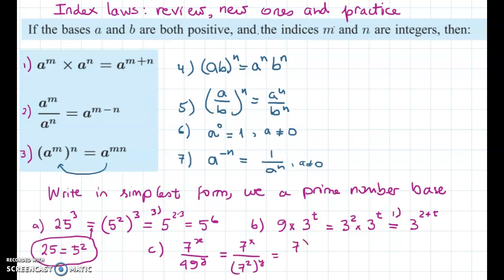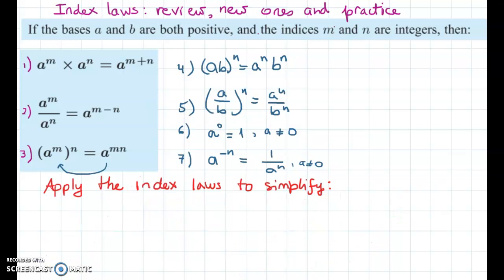So in the denominator, we have 7 to the power of 2 times y, so 2y. And that was using our third property. But now if we use the second one, we have that this is 7 to the power of x minus 2y. For our last example, we are going to apply the index laws to simplify some expressions.